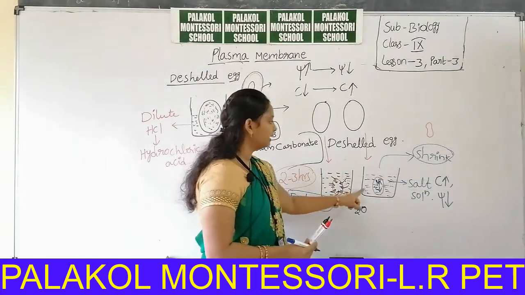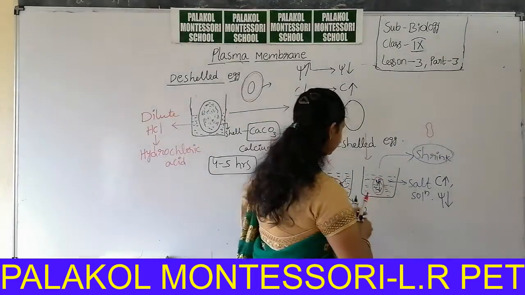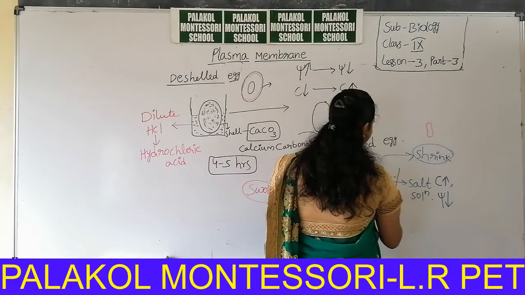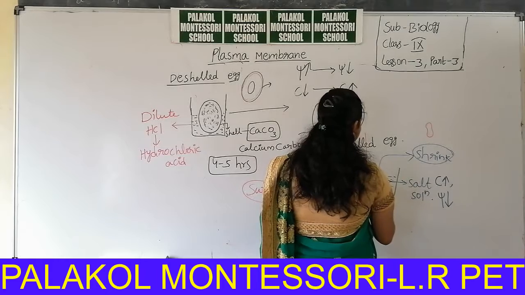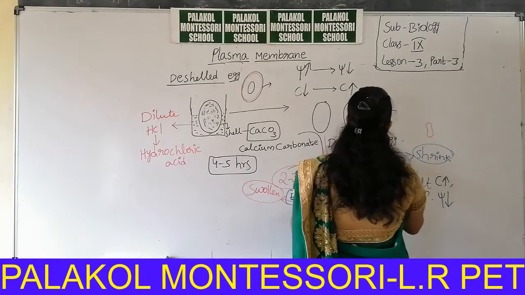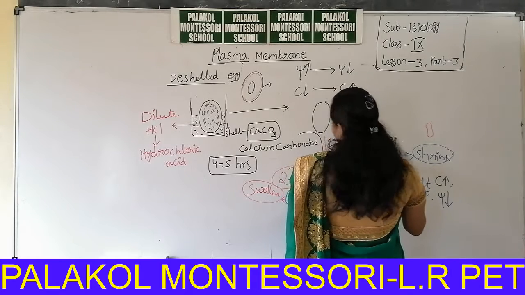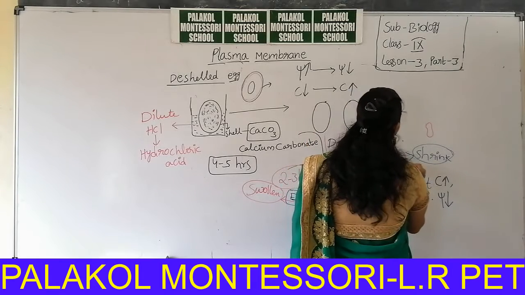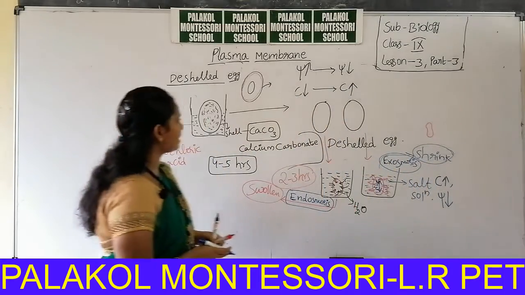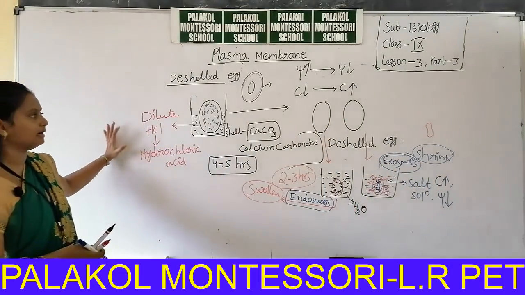Here water is removed from the egg. That's why this type of osmosis is called exosmosis. Is it clear, students? This is about the egg experiment.